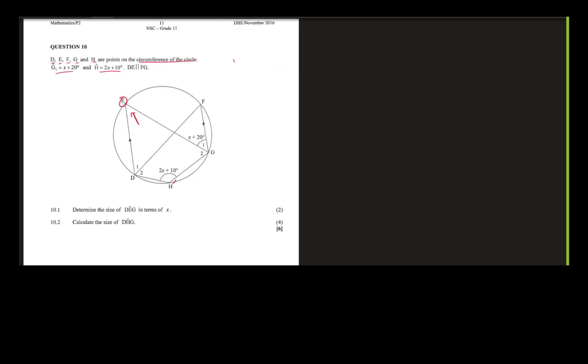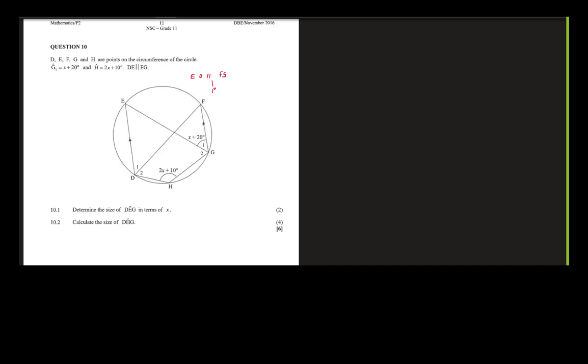Now let's go to this question. Since we know the cyclic quad, but let's talk about ED, the line ED again, and the line FG. They say the line AD is parallel to the line FG.